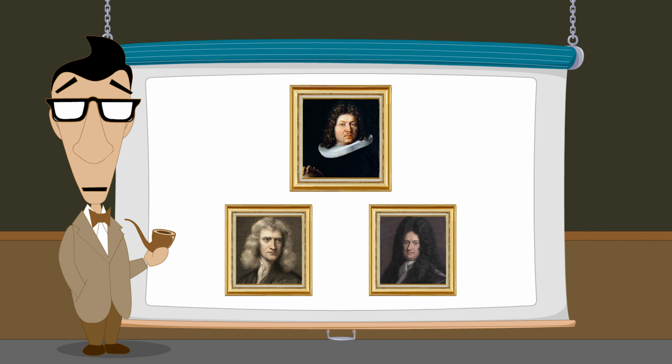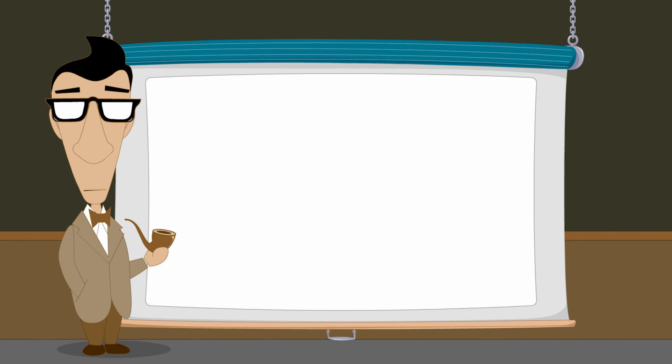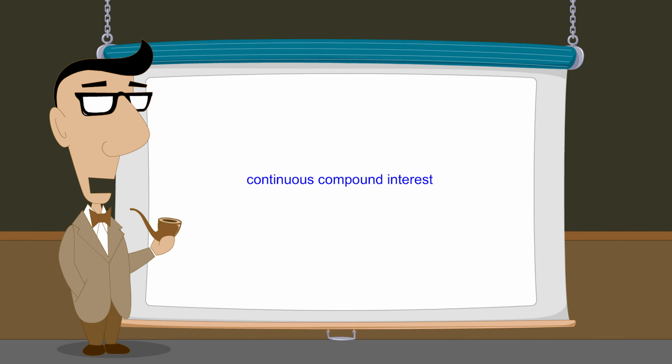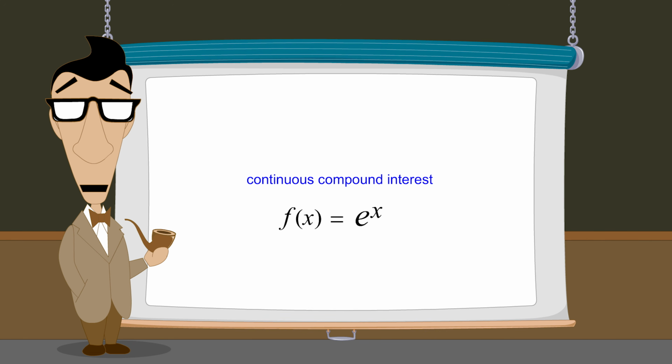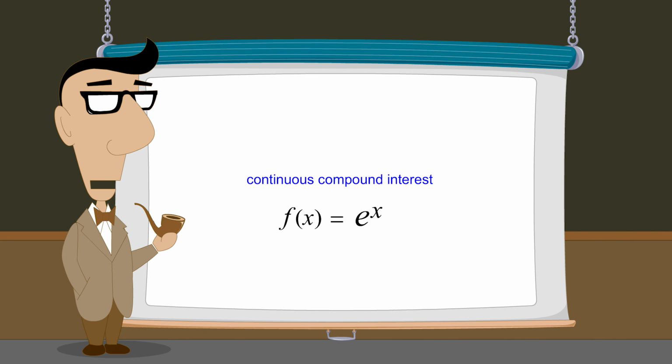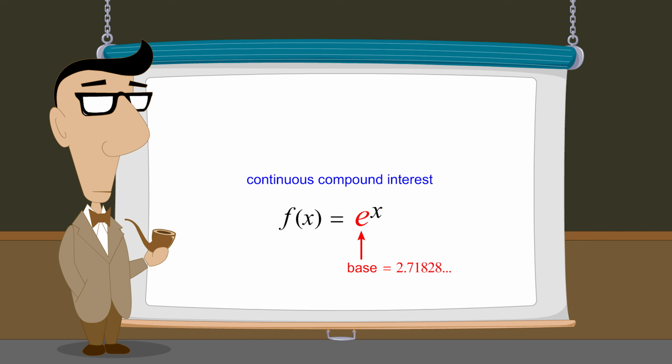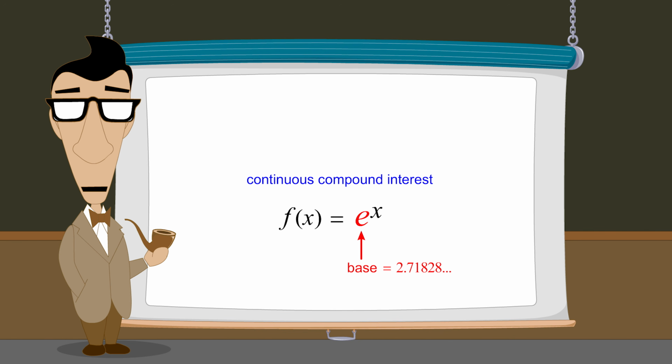This way of calculating interest is now called continuous compound interest. Bernoulli's formula for continuous compound interest was based on the exponential function, a new mathematical concept at the time whose base was an irrational constant that we now call e, otherwise known as Euler's number.